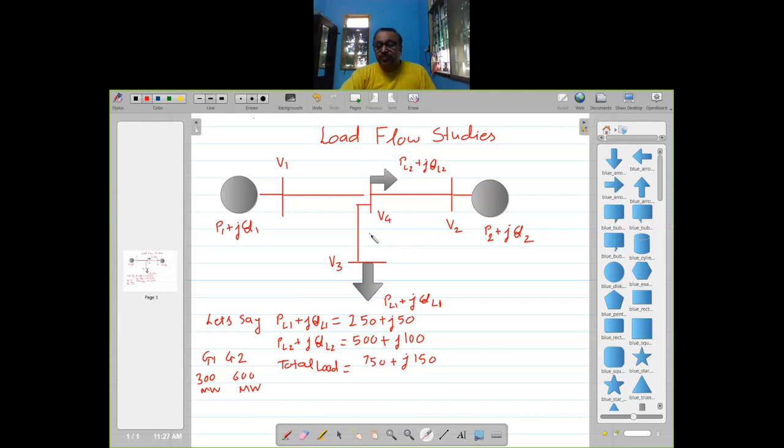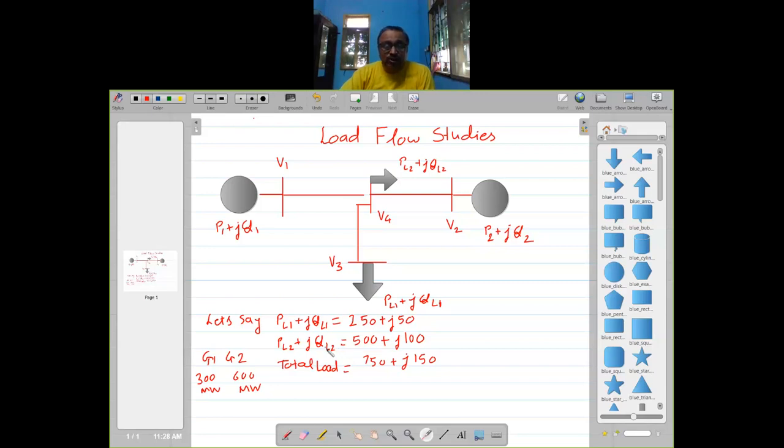Now, just for the sake of it, let us take some values. Let the load on this bus, PL1 plus jQL1, be 250 plus j50, that is 250 megawatt and 50 megavar. That is the load on bus number 3.